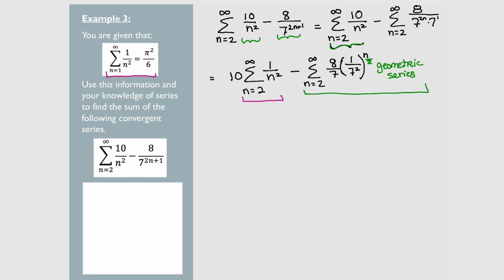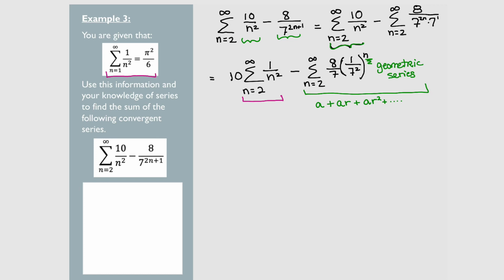So let me start on the back end with the geometric series. I'm going to write out that my geometric series is A plus AR plus AR squared plus ... And my goal is to identify A and R and then find the sum of this geometric series.